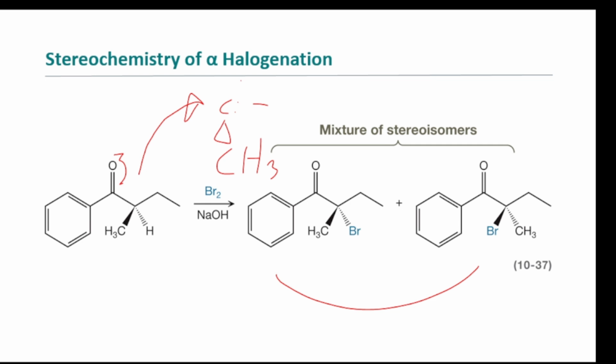The bromide would be the one that would normally keep its stereochemistry, right? Does that help us? No, it doesn't help us. Okay? And so we end up with a mixture of stereoisomers here, but for kind of an interesting reason, right? And it's because the Br2 is the one that would technically preserve its stereochemistry, which does not help us.